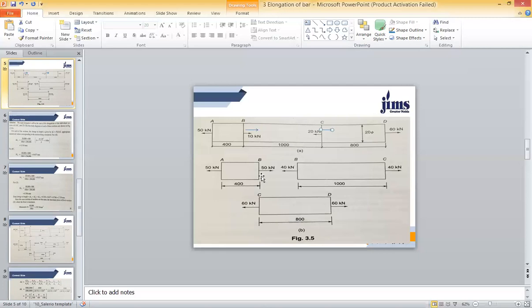So now I have three small bars. I change my equation for the three small bars, and I will calculate the change in length of each bar, and then add the changes to find out the total change in AD bar.